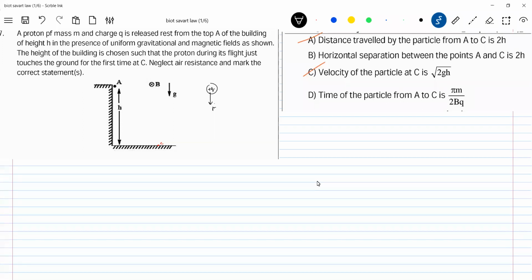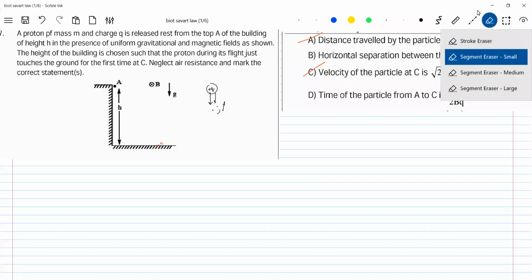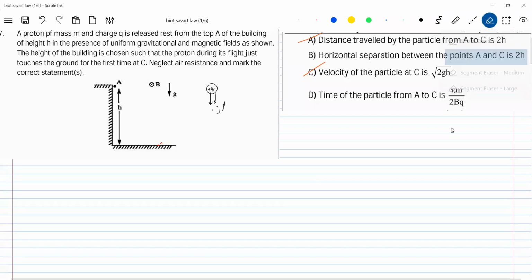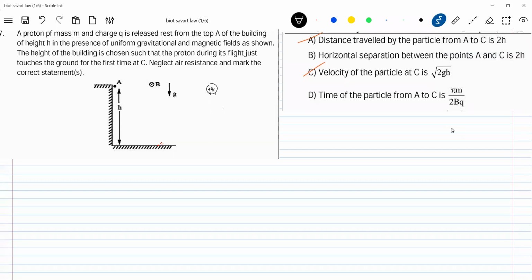There's a positive charge particle. So because of that, it will acquire velocity vy. mg, and let this be vy.